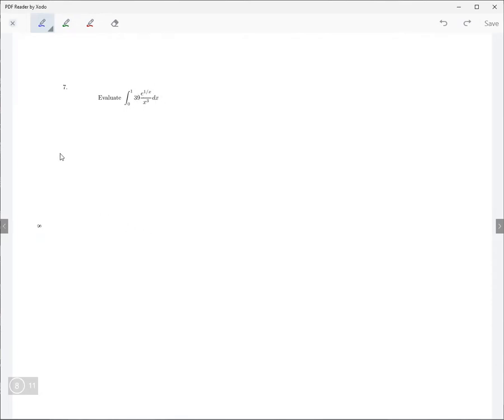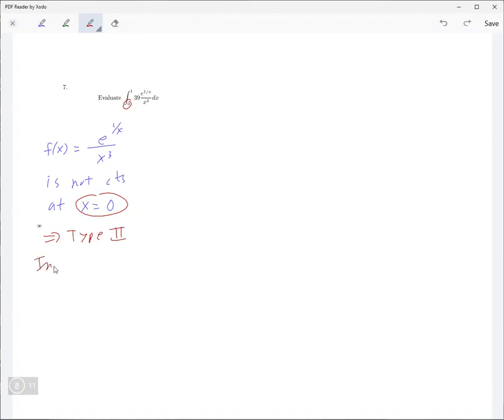The function e to the 1 over x cubed is not continuous at x equals 0, at this lower endpoint. So that means it's a type 2 improper integral.